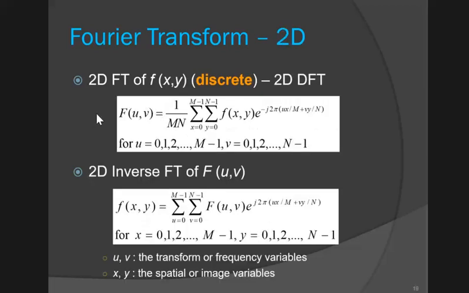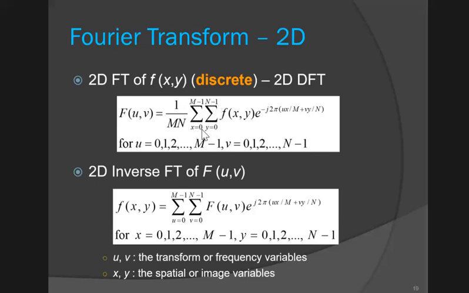Now we will see the Fourier transform equation for a 2D discrete function. It is represented by F(u,v) equals 1 by MN, summation from 0 to M minus 1, then an internal summation from 0 to N minus 1.